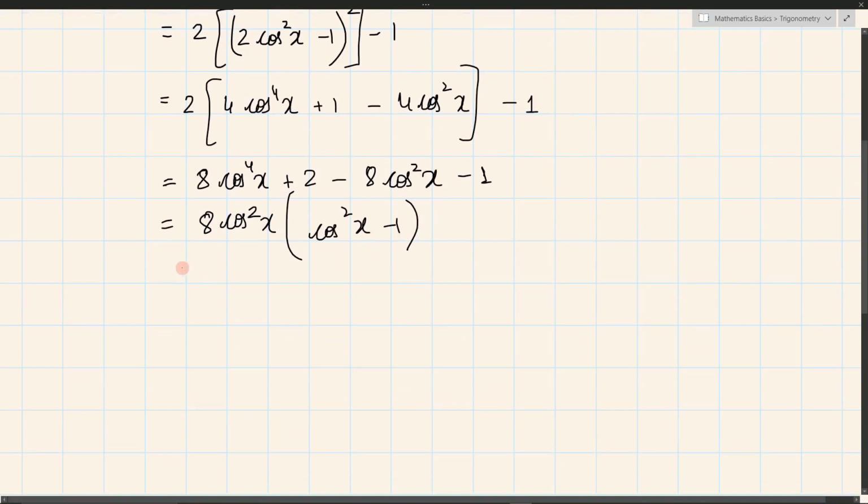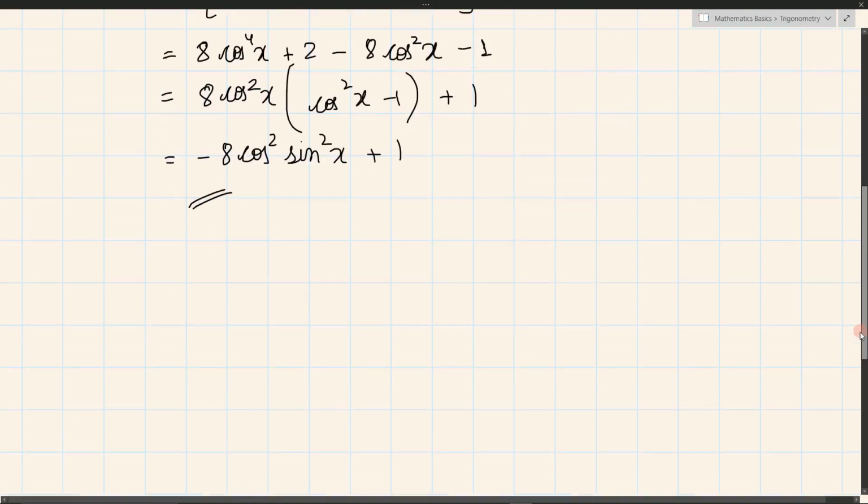So this is nothing but, I'll have plus 1 as well. So this is nothing but minus 8 cos square x sine square x plus 1. This is the answer.